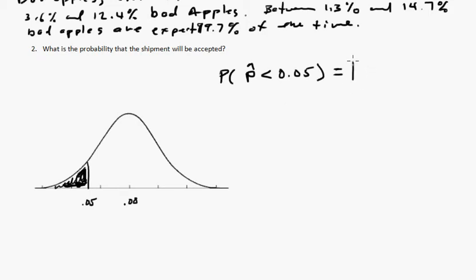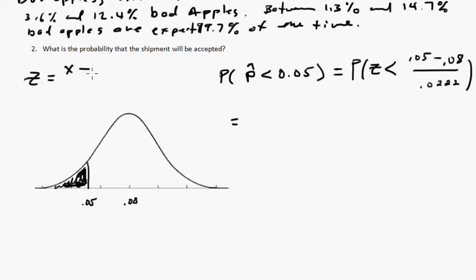So this is the probability that z is less than 0.05, the observed value, minus the mean 0.08, divided by the standard deviation of the sampling model, 0.0222. Remember that z is the observed value minus mu, divided by sigma. So we're calculating this area under the curve.